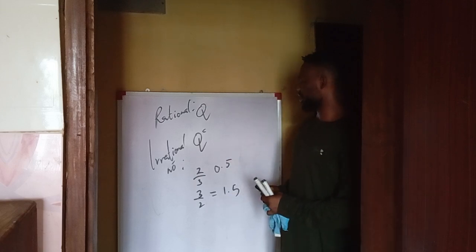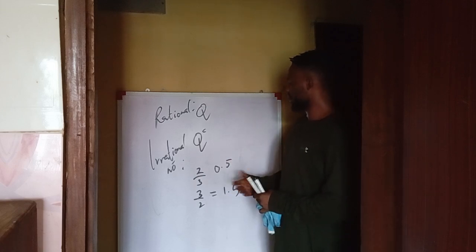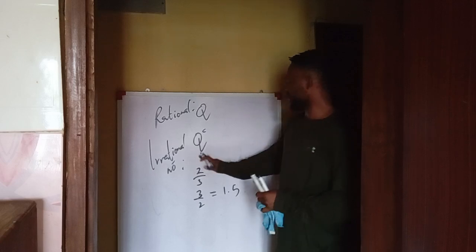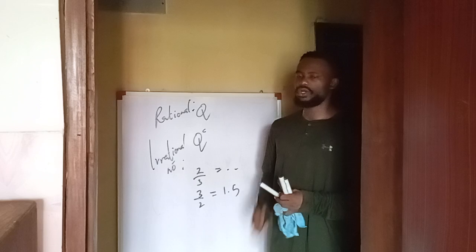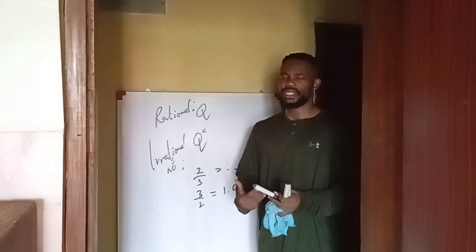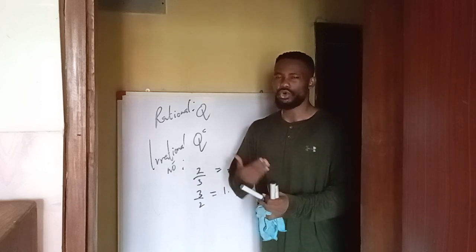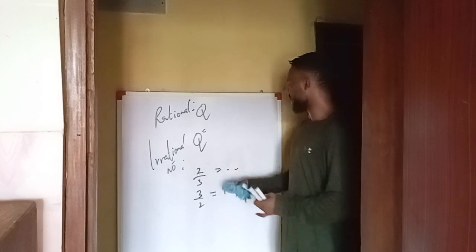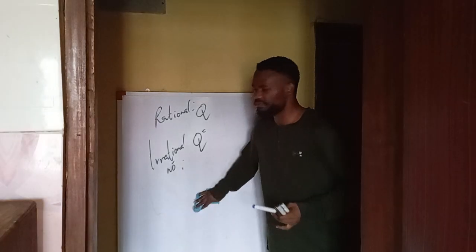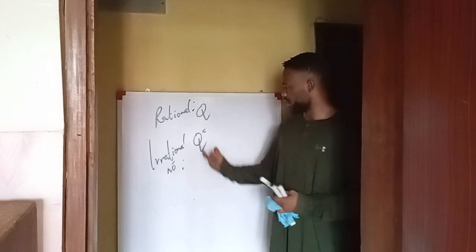If I check this, you see that whatever I get for these two runs into a form that can continue, that can progress. So for that reason, we say that the set of recurring decimals are rational numbers.